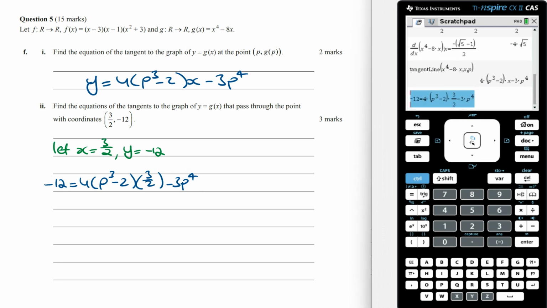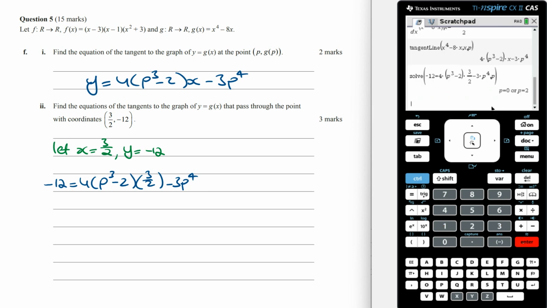And now solving for p, p is equal to 0 or p is equal to 2. And so when p is equal to 0 or when p is equal to 2, the tangent line is going to pass through the point 3 on 2, minus 12.